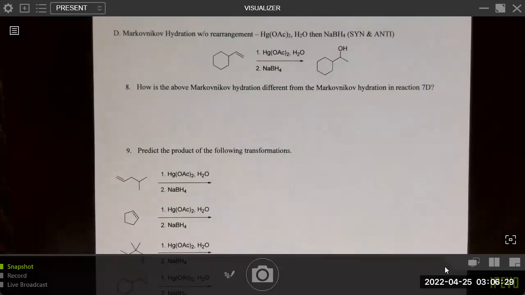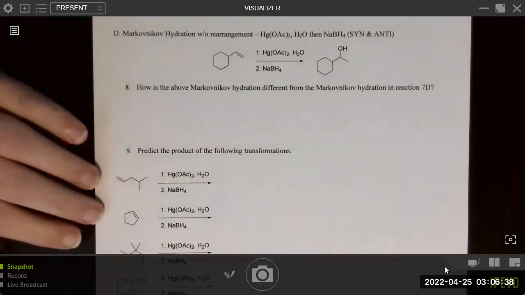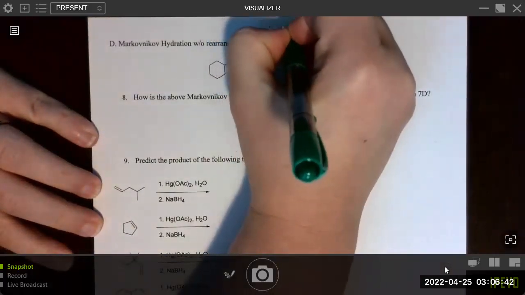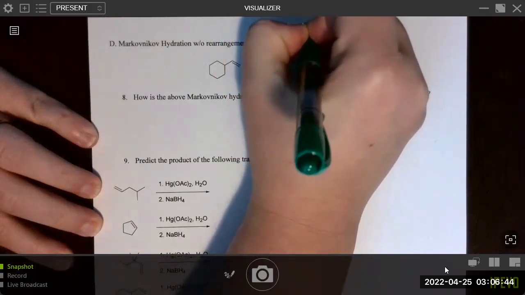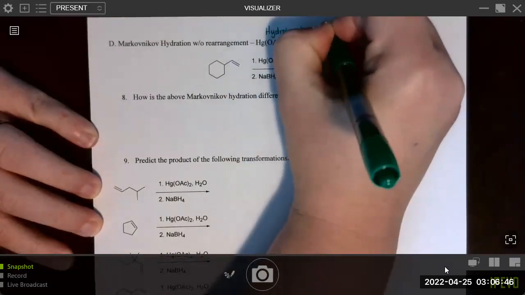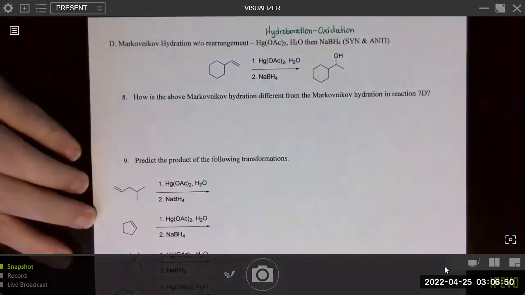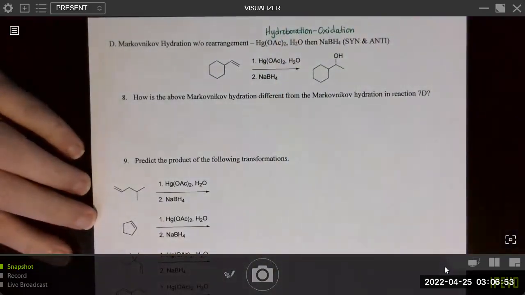Okay, the next reaction we're going to talk about is Markovnikov hydration, which occurs without rearrangement. That reaction is what is called the hydroboration oxidation reaction. And it gives the same hydration product as when we used H3O+. We just don't have to concern ourselves with rearrangement. Right?